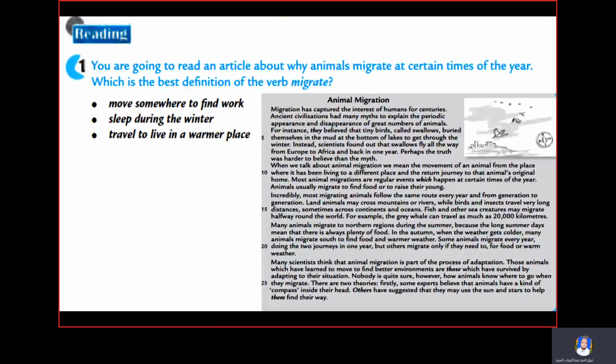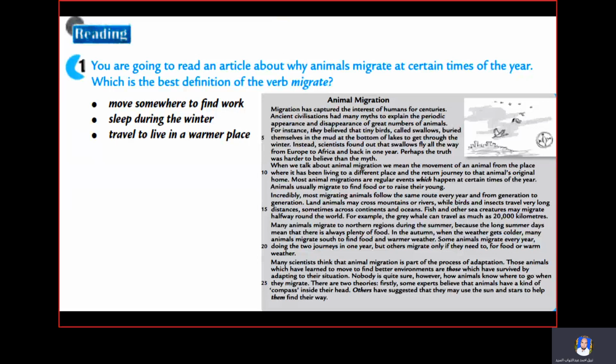For instance, they believed that tiny birds called swallows buried themselves in the mud at the bottom of lakes to get through the winter. Instead, scientists found out that swallows fly all the way from Europe to Africa and back in 1 year.